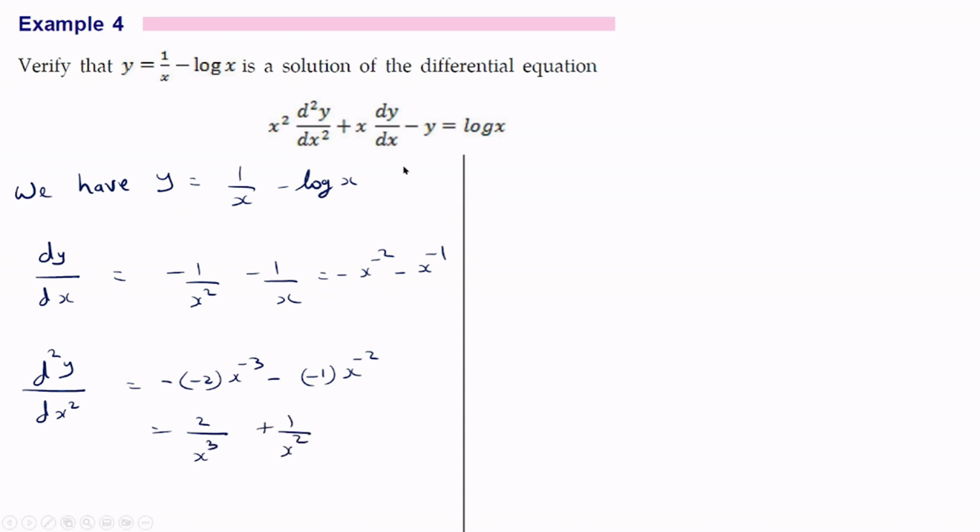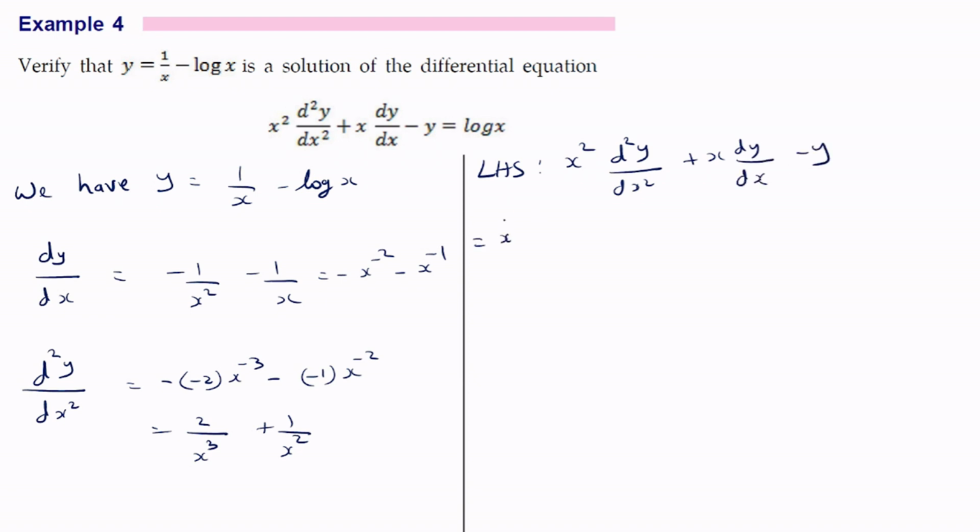Now let us consider the left hand side of this given differential equation. The left hand side is x square d square y by dx square plus x dy by dx minus y.